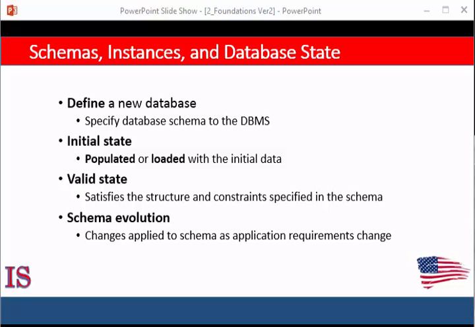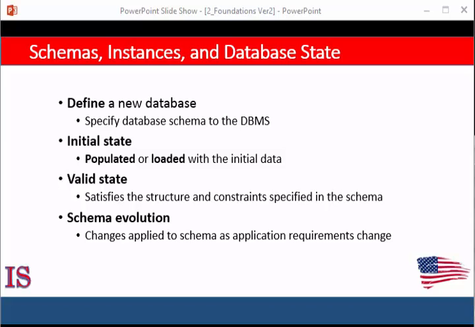We get the initial state of the database when the database is first populated or loaded with initial data. That could be when the first user inputs a record from a GUI client, or someone runs a script that inputs a number of records at once. In our labs, we will be doing this kind of a thing. We will be writing scripts to upload data into our databases.